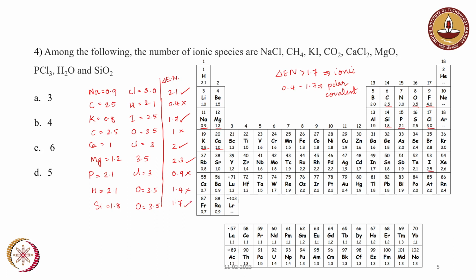It's not ionic. So the answer is B. 4 compounds are ionic, and they are sodium chloride, potassium iodide, calcium chloride, and magnesium oxide.